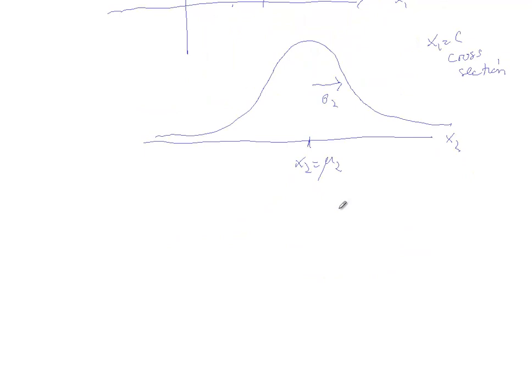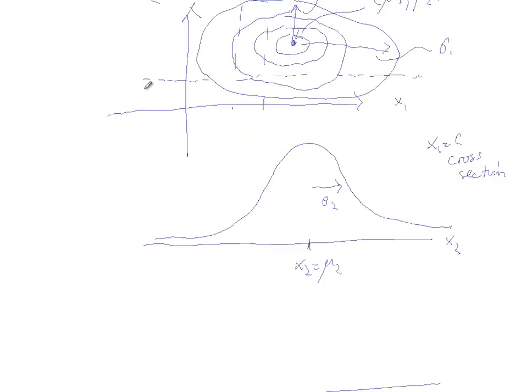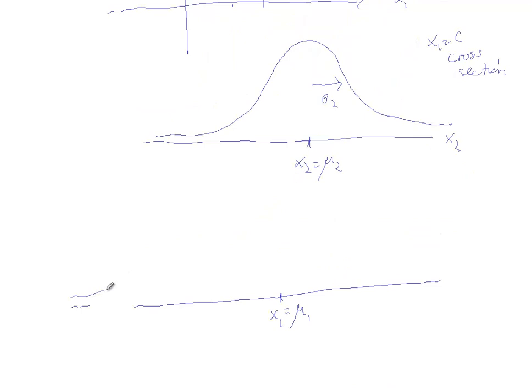So if I take an x2 equals c cross-section, I'm going to have my constant point where x1 equals mu 1. Since the standard deviation is larger in this direction, the density is going to be more spread out.